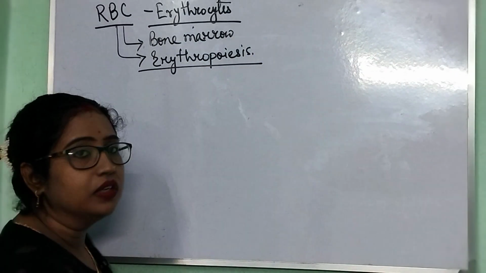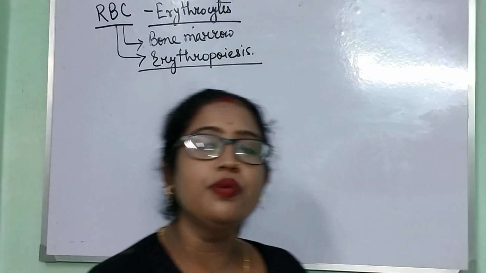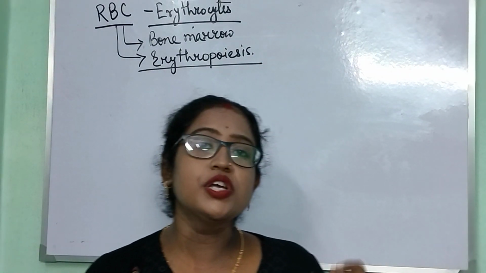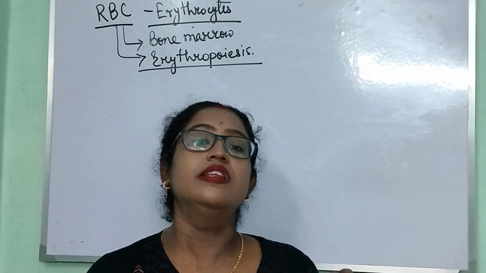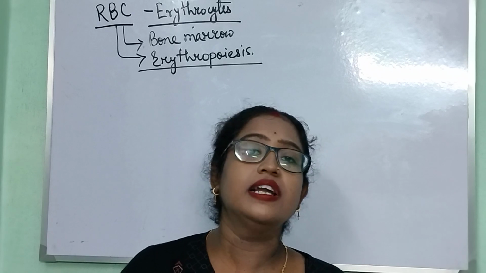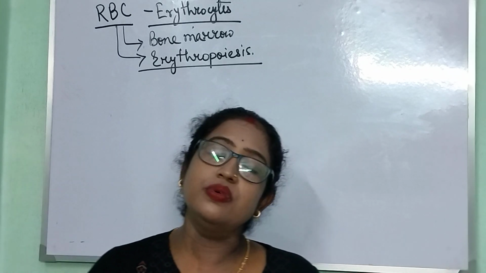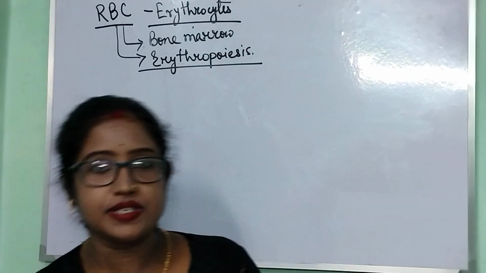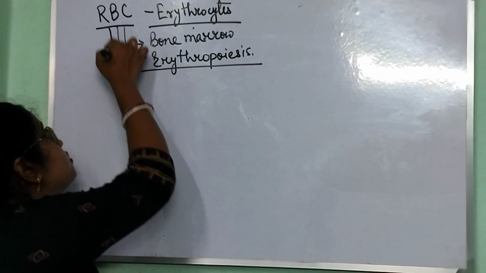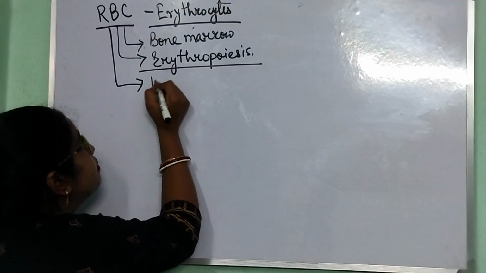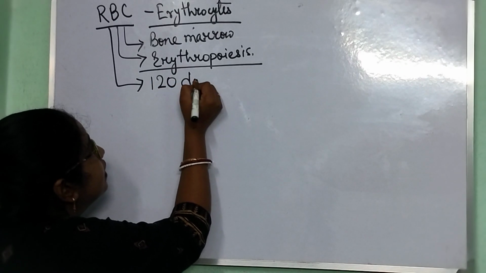This is very important. What is erythropoiesis? Erythropoiesis means the formation of the erythrocyte or RBC in human adult bone marrow. The lifespan of RBC is near about 120 days.